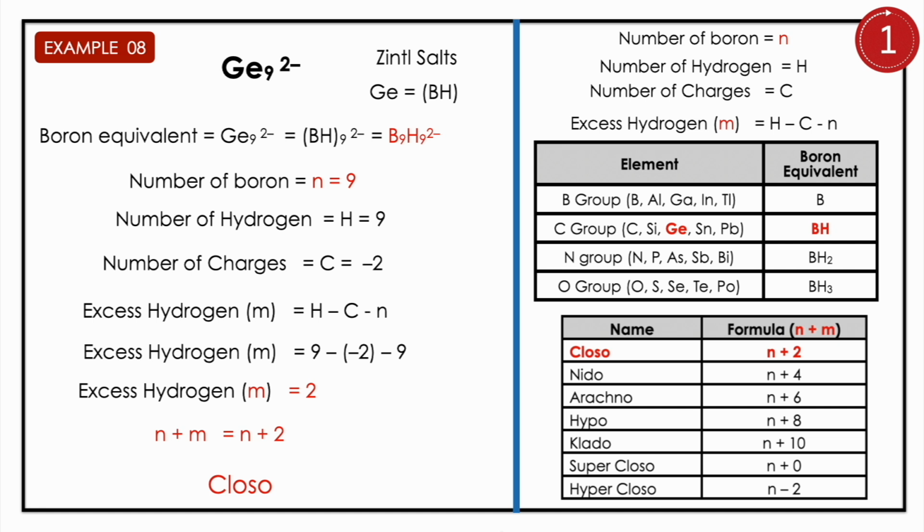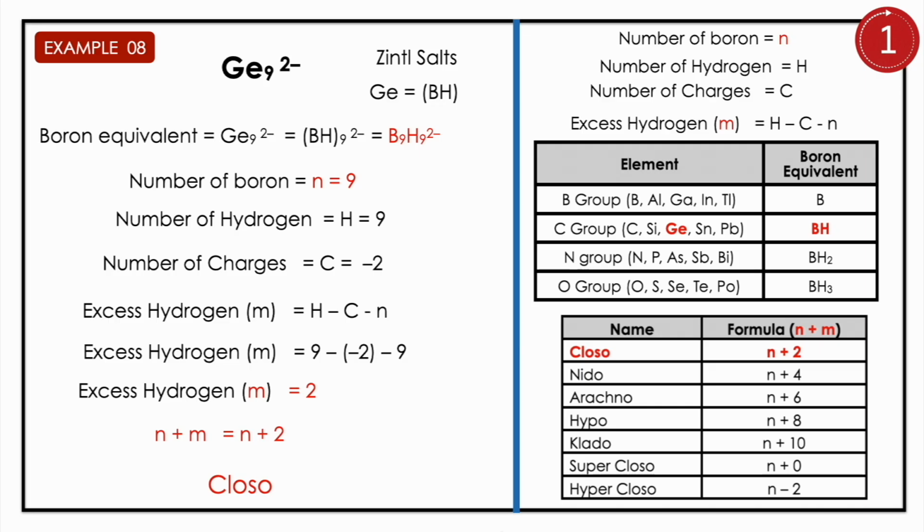For the Wade's rule, you have to find the excess of hydrogen. First step will be counting the boron. There are 9 borons, so N equals 9. Hydrogens are 9, so H equals 9. Charge is minus 2, so C is minus 2.